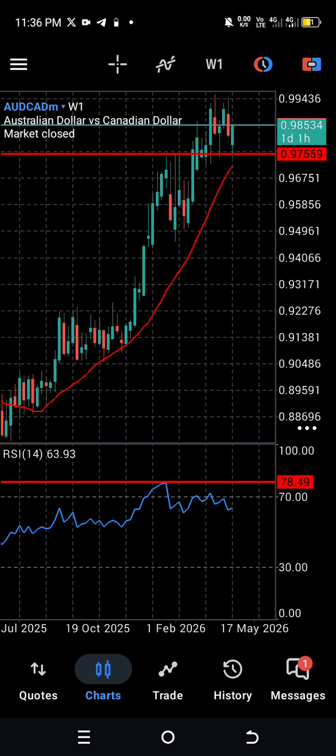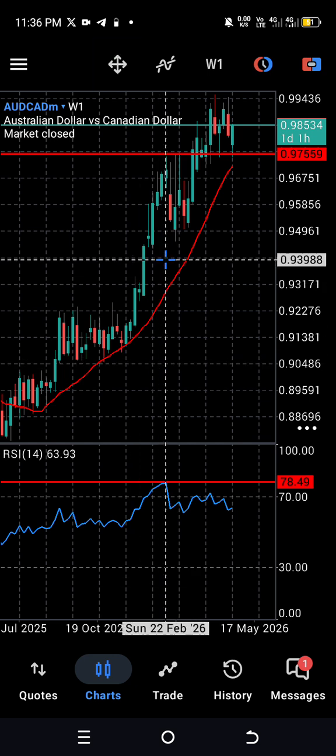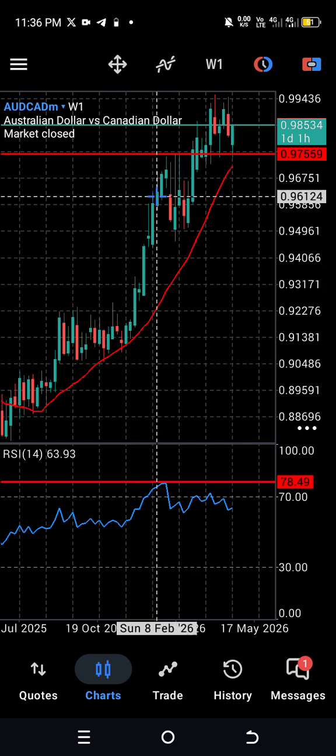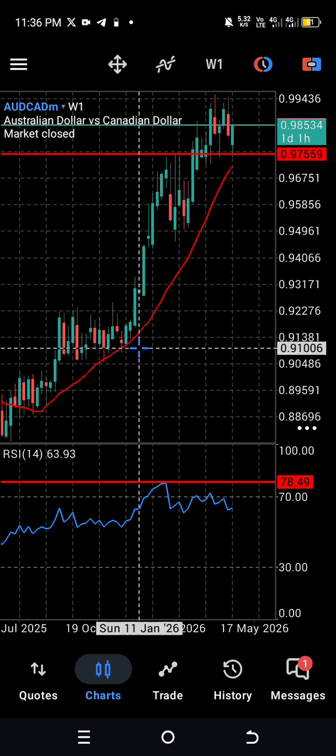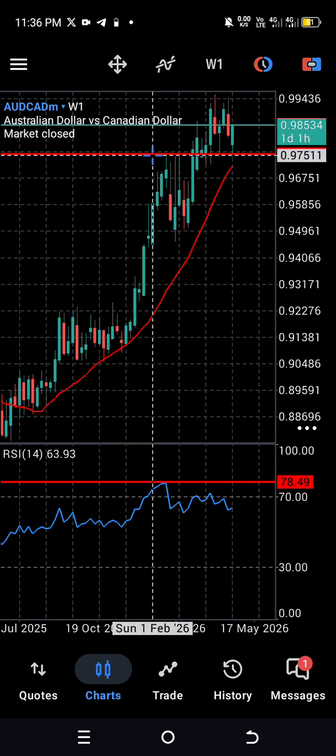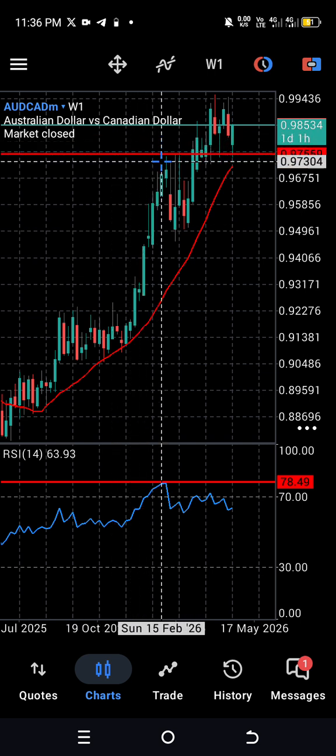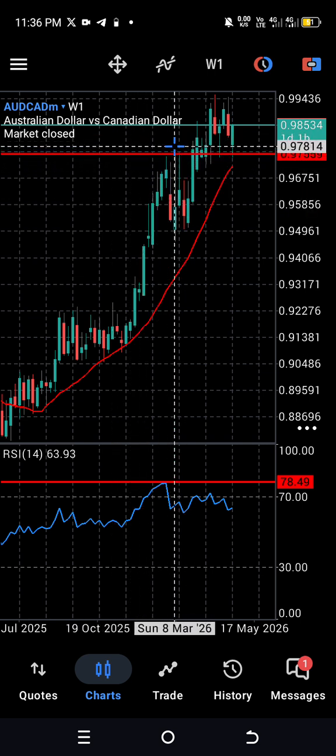You can see the price here. Look at the price here. The price makes a high here. It reaches this level, pulls back and makes another high.